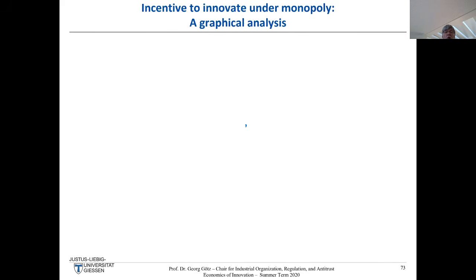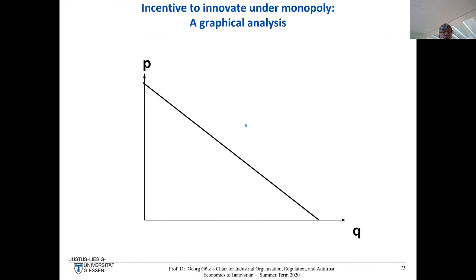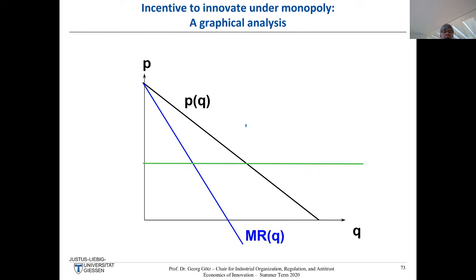And I want to start with a graphical analysis, and you will see how wonderfully I animated this diagram. So here, as always, we start with two axes, the one denoting the quantity, the other denoting the price, and we start with a demand curve.